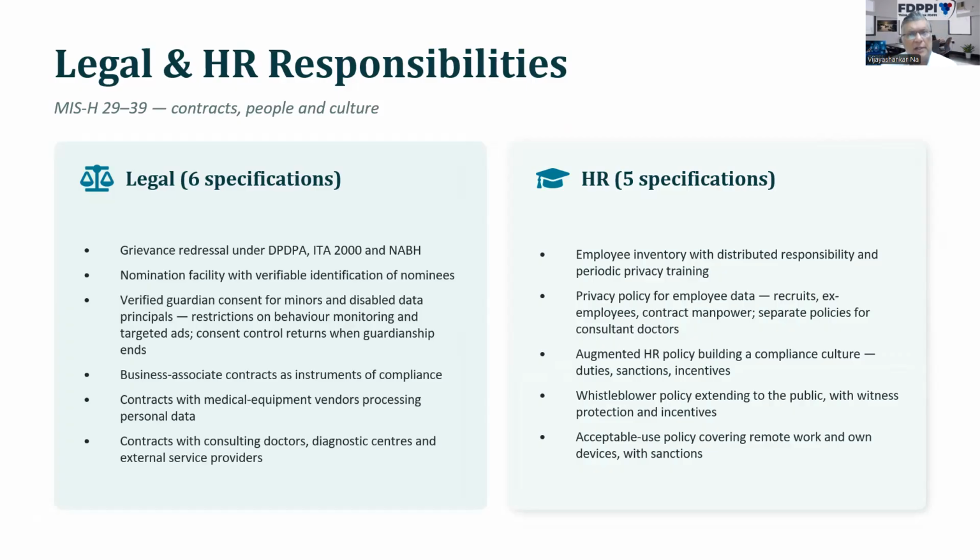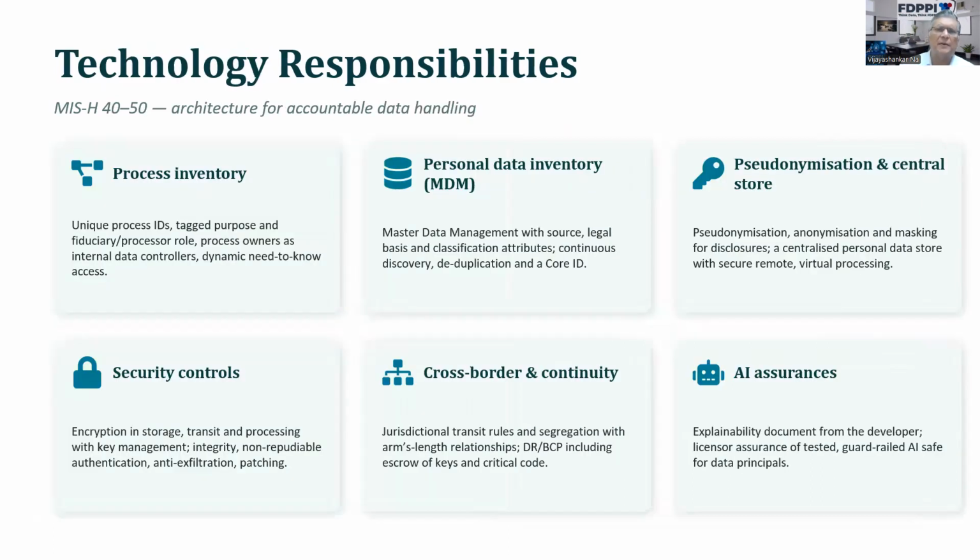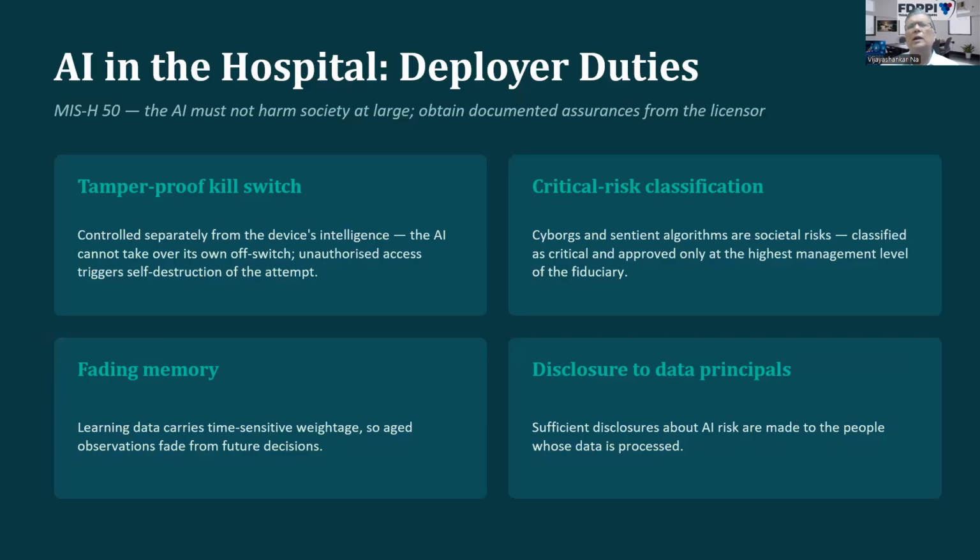They are individually joint data fiduciaries, and they're also very senior. They cannot be handled like any other employee. So these were under the HR. The technology people, of course, will be involved in process inventory, data inventory, pseudonymization, security controls, managing cross-border transfers and AI assurances, and so on.